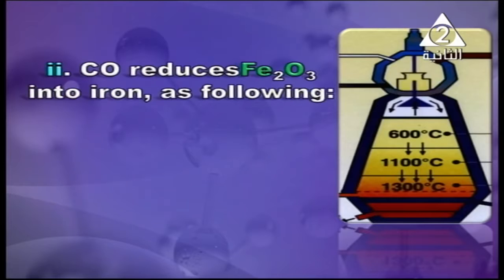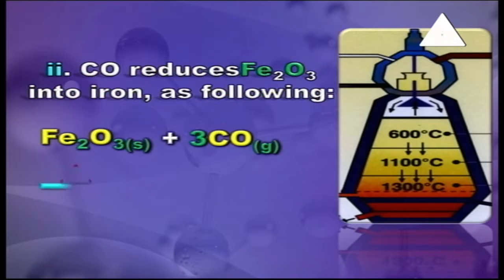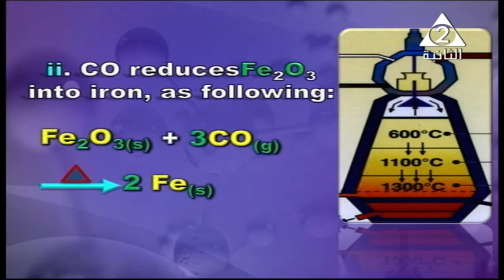So my dear student, the carbon monoxide reduces the iron(III) oxide into iron as the following equation proceeds. Iron(III) oxide plus carbon monoxide, by heating, gives iron and releases carbon dioxide gas.